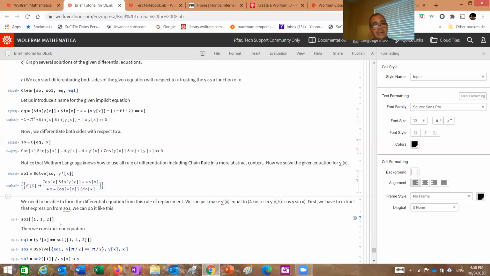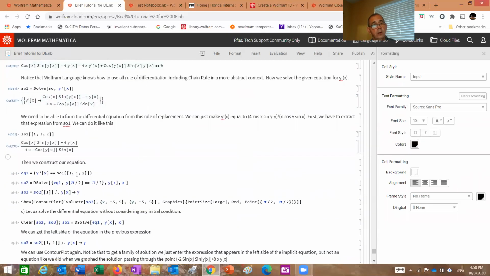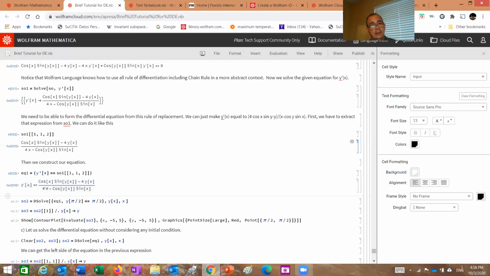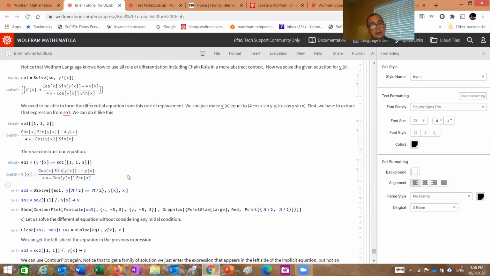And then let's check it. So it does give this part of the list. Now we are going to define the following equation. Equation EQ1 is going to be y1 prime equal to that expression that we have before. So shift enter, and then this is our equation.